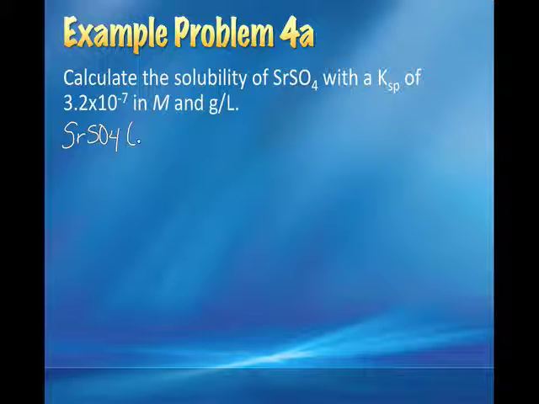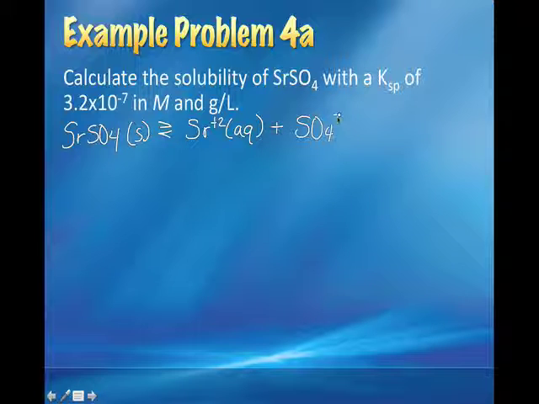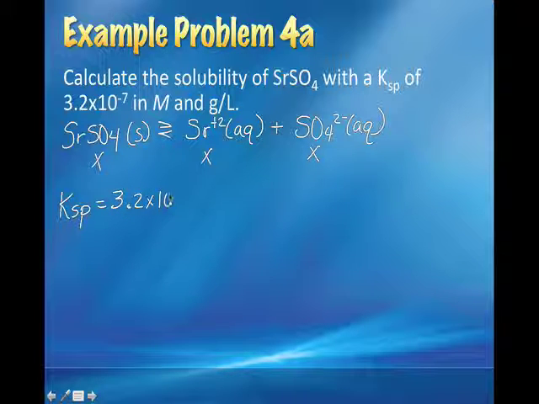So strontium sulfate, when it dissolves, gives you strontium ions and sulfate ions. And based on this, if this is X, and this is X, then my Ksp, which I know is 3.2 times 10 to the negative 7th, is equal to the concentration of strontium ions times the concentration of sulfate ions.